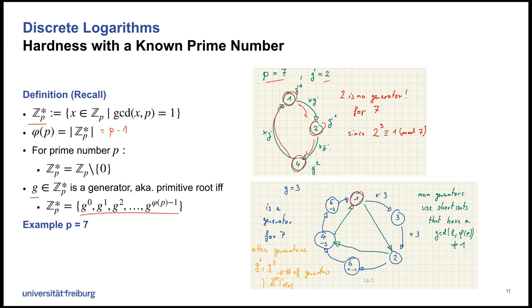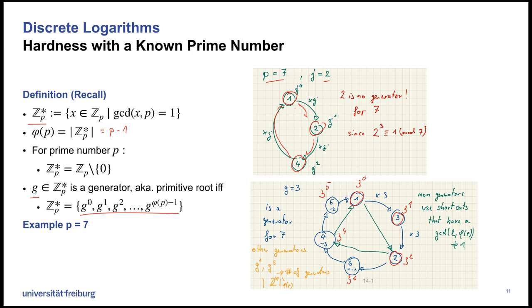We have 1, which is 3 to the power of 0, then 3 to the power of 1, then 3 to the power of 2 is 9, which is 2 modulo 7, and then 3 to the power of 3, 4, and 5. The interesting thing is that we have exactly 7 minus 1 possibilities going around.